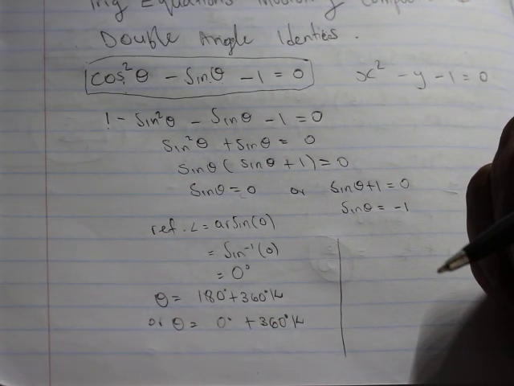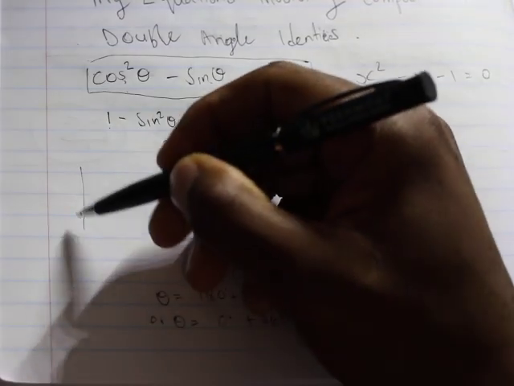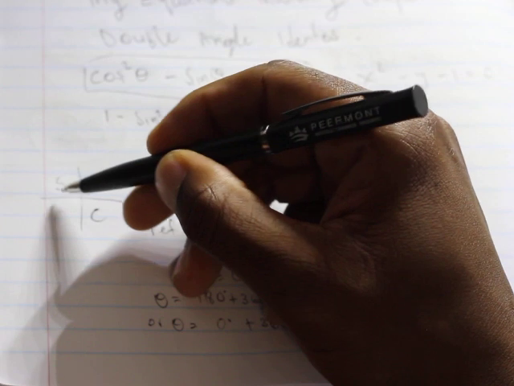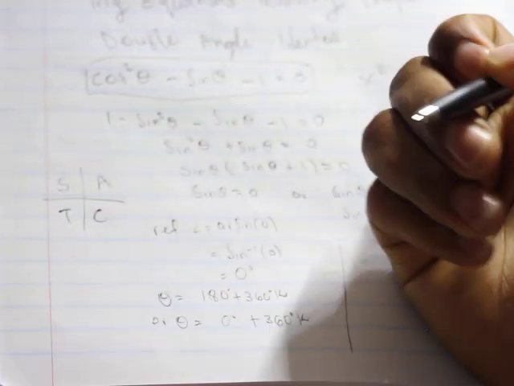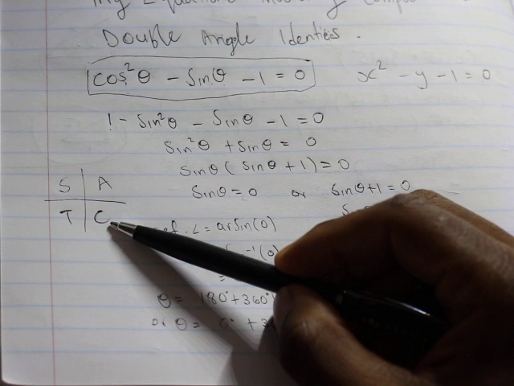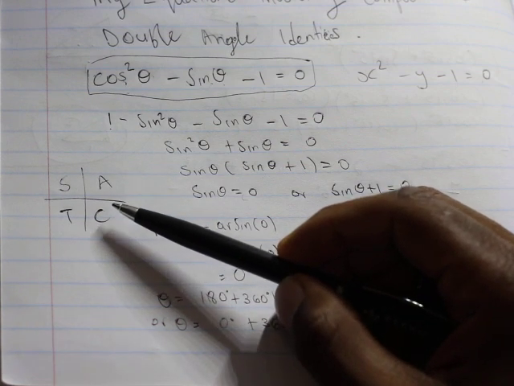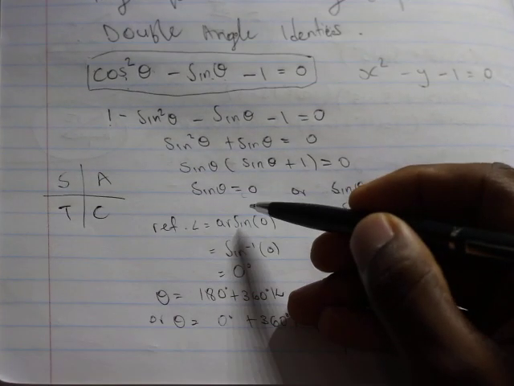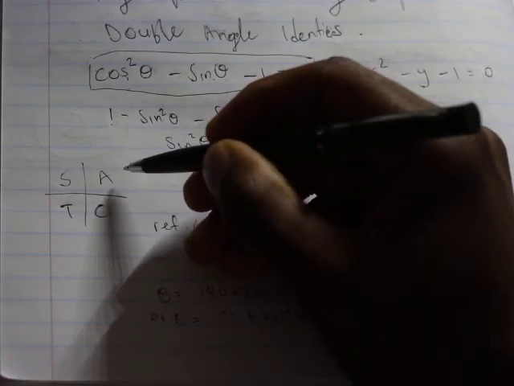That goes back to the CAST diagram. By making use of the CAST diagram, you can tell which trig ratios are positive in the first quadrant, in the fourth quadrant, and so on. So once sine is positive, you know for sure it's in the first.